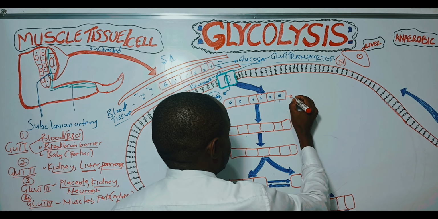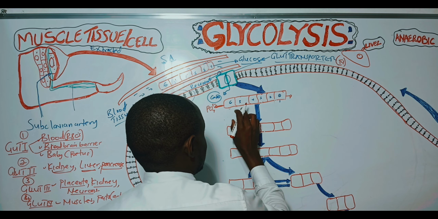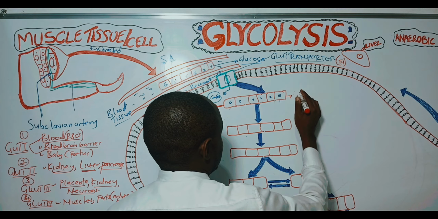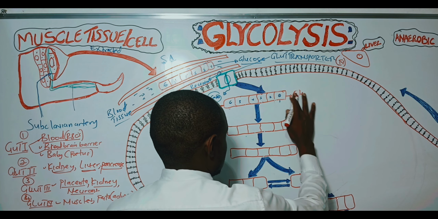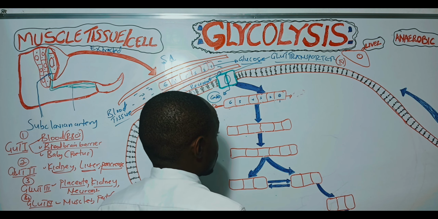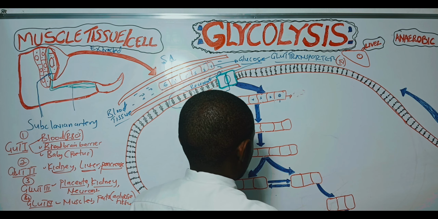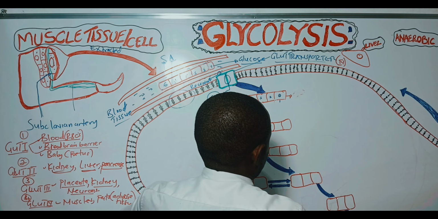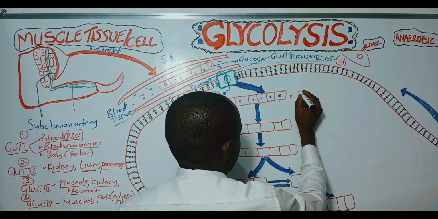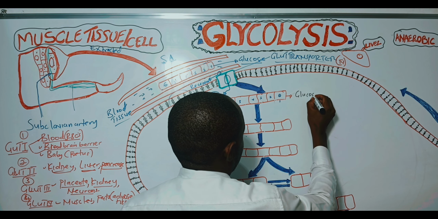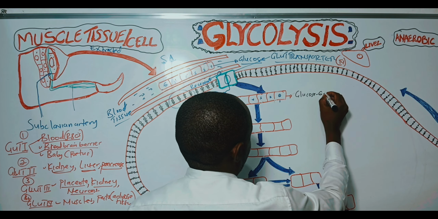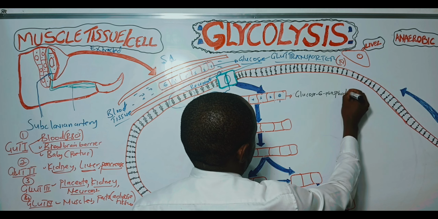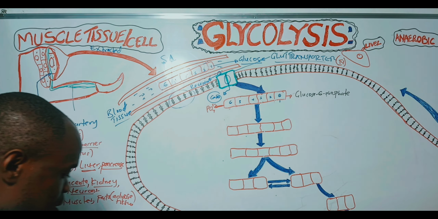Since the phosphate is on carbon 6 of the glucose, it is supposed to be called glucose 6 phosphate. So that's what we call the glucose 6 phosphate.